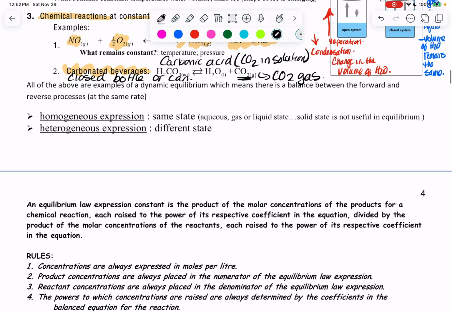You may have heard these, I know you've heard these in other science classes, homogeneous and heterogeneous. So homogeneous means the same, and heterogeneous means different.